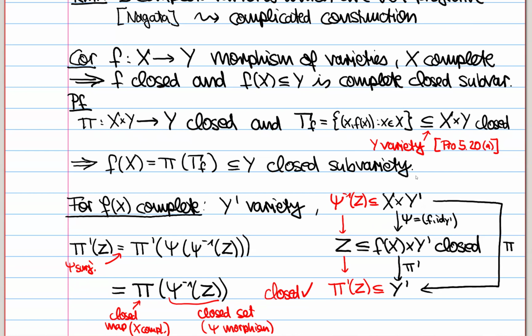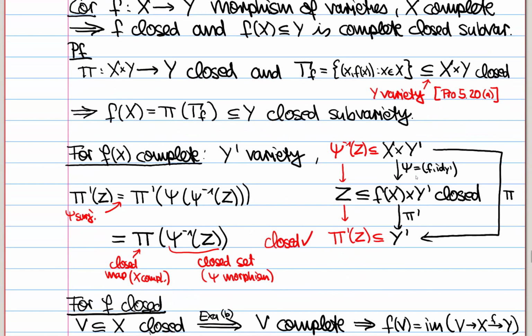Now we want to upgrade this, actually showing that F(X) is also itself complete as a variety. What we need to check is that for every variety Y', we have a certain condition. Now, this is the scary diagram, but let's just focus on the lower part to begin with.